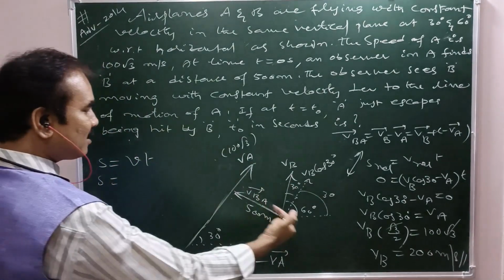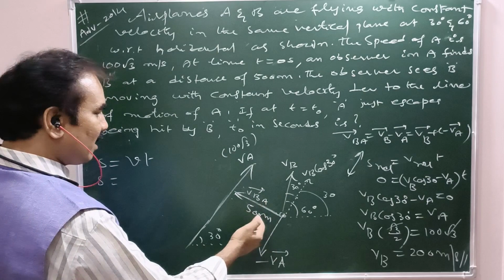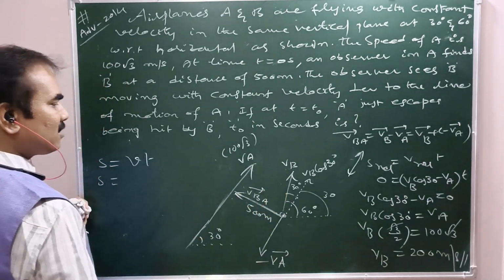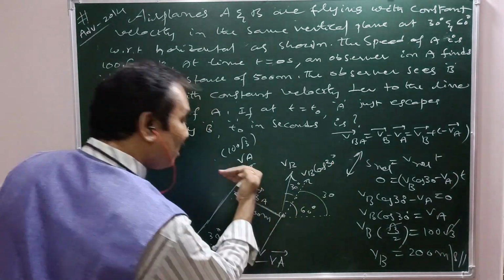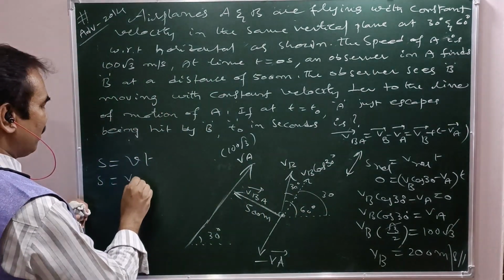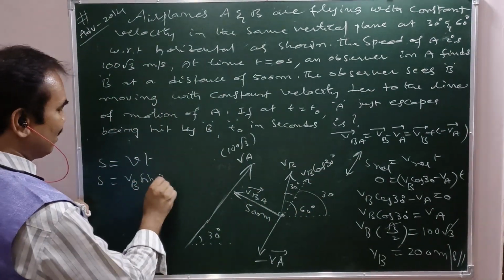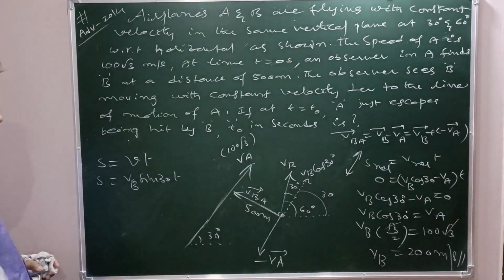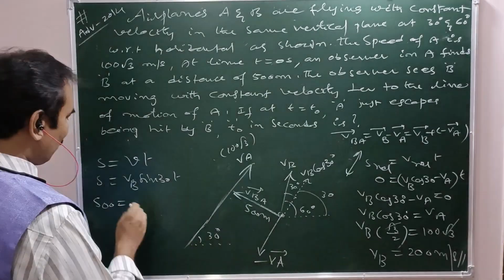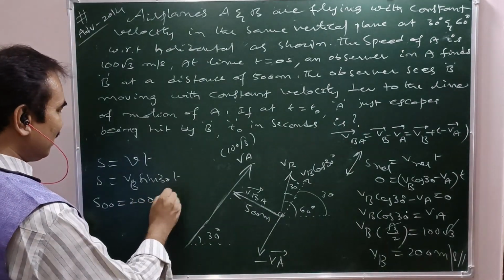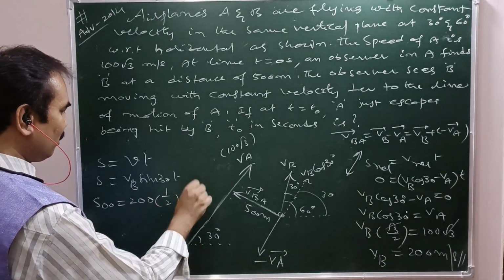Therefore, the component of velocity along this way to cover 500 meters is VB sin 30. So VB sin 30 into time. S is 500 meters, VB is 200, and sin 30 is 1 by 2, into T.